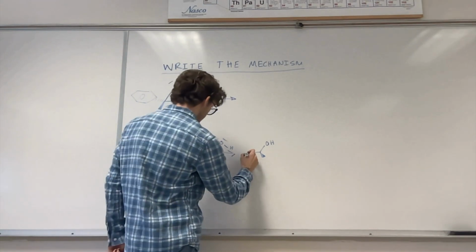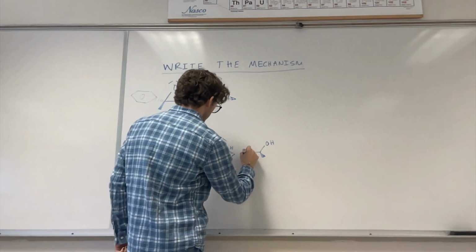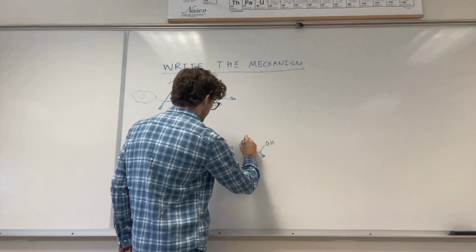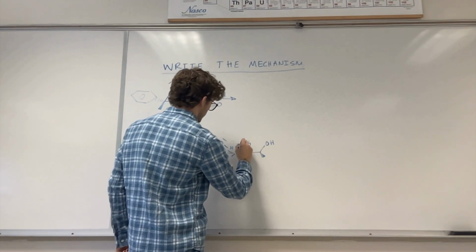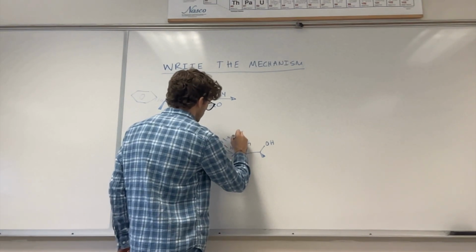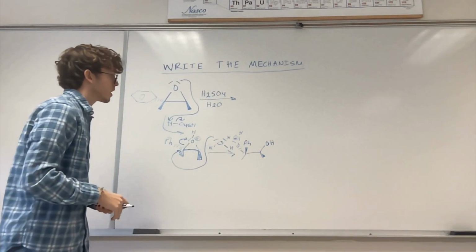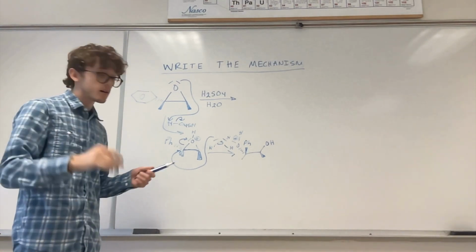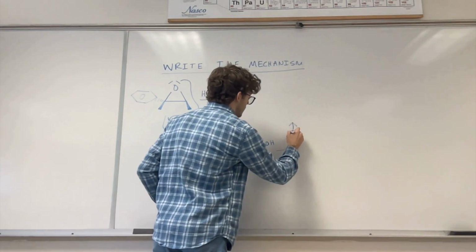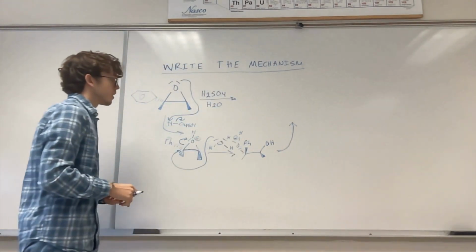So we have that there. And then on the wedge, we have our phenyl group, and on the dash, we have our H2O. Sorry if it's a little cluttered here. I tried to fit all that in one spot. Did not work out.